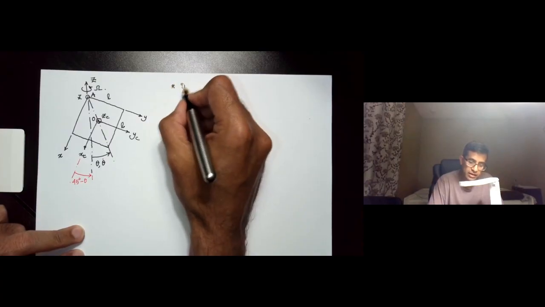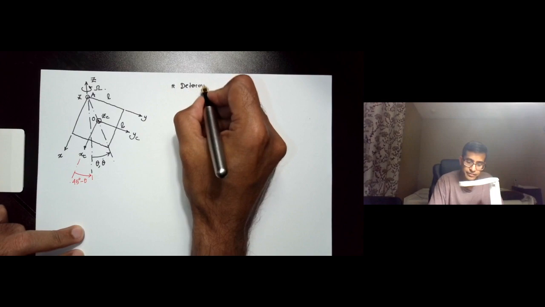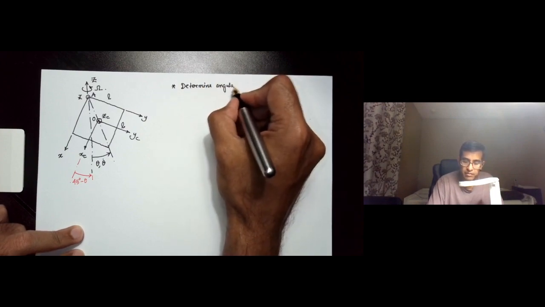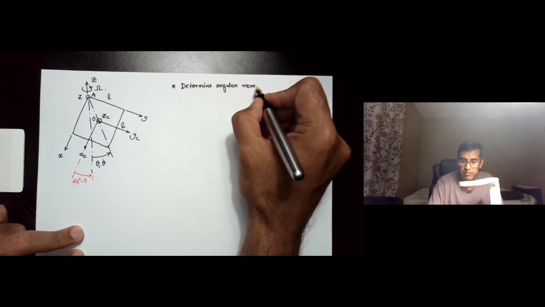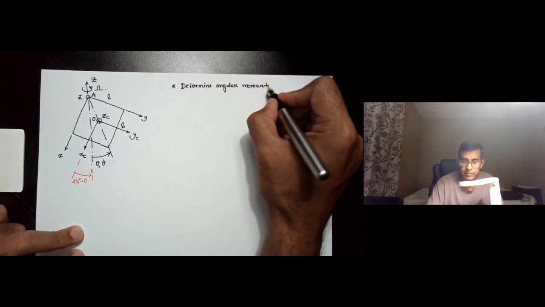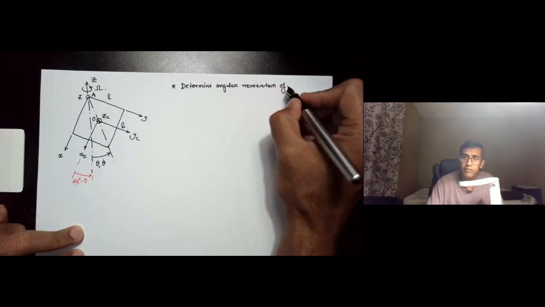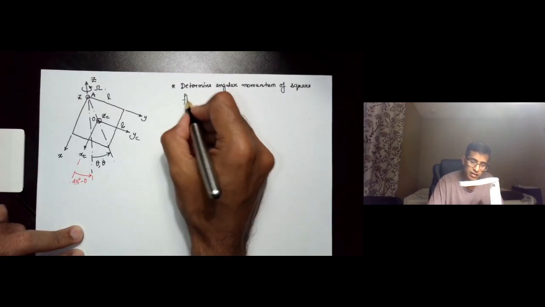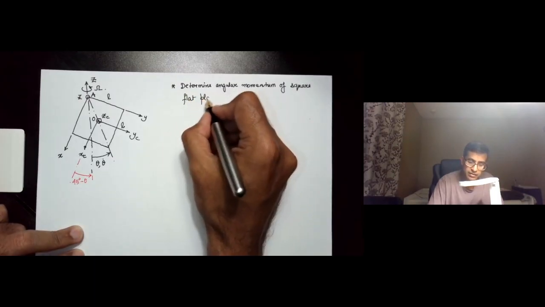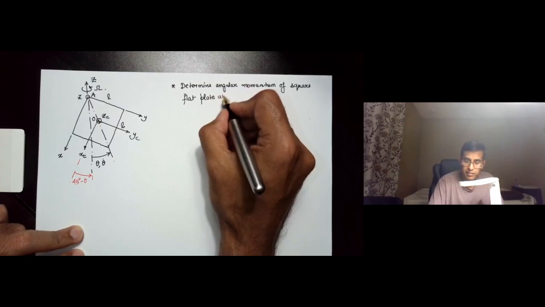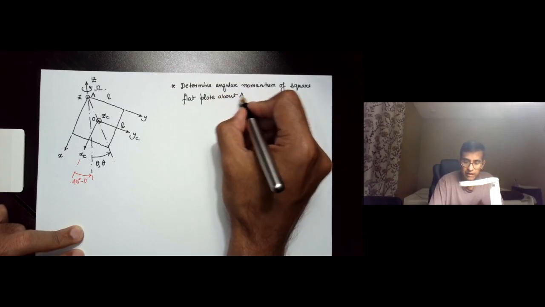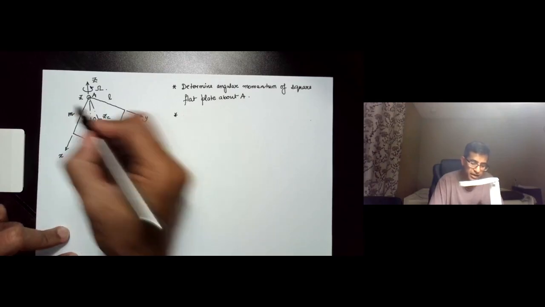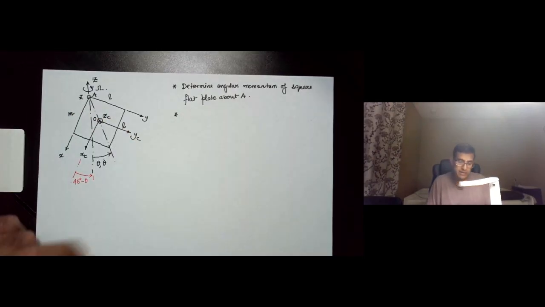Firstly, determine angular momentum of square flat plate about A. Of course, we need to mention that the plate is of mass m.